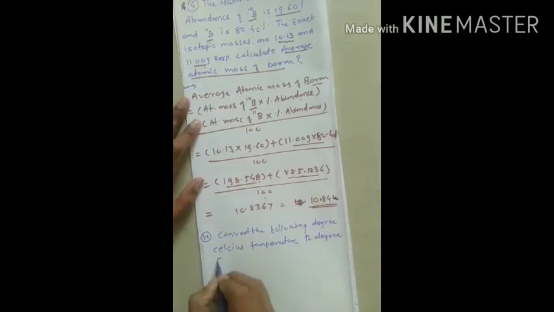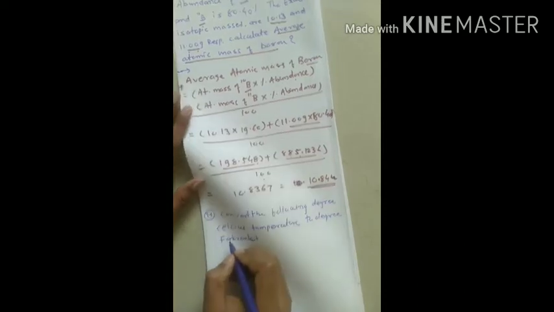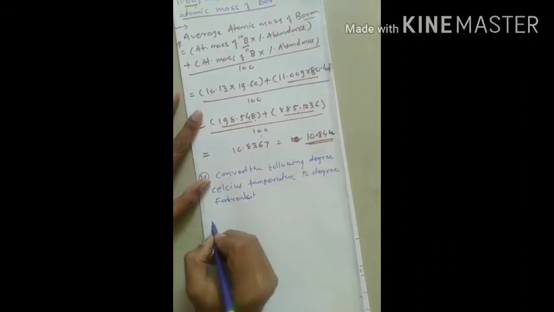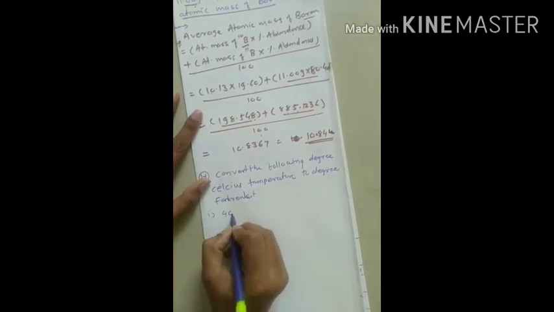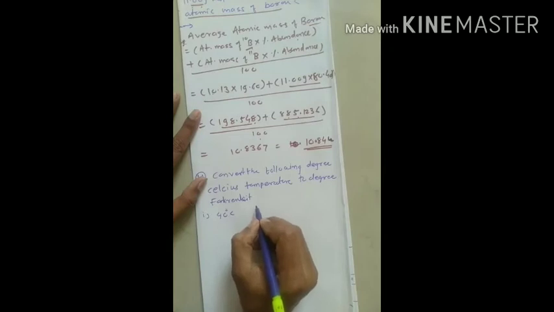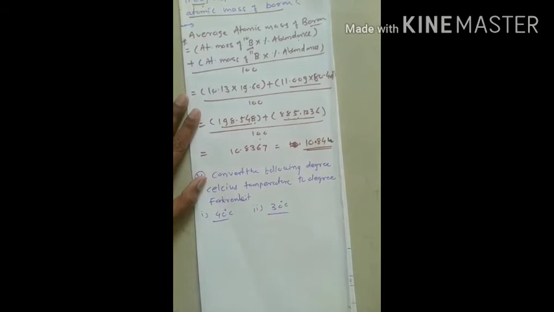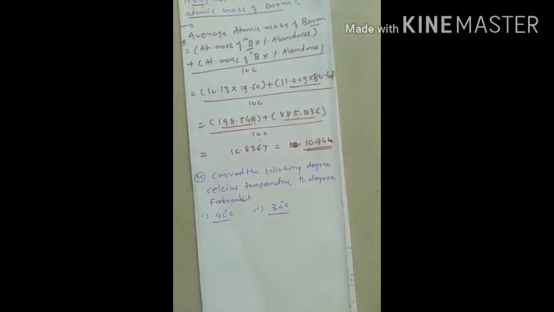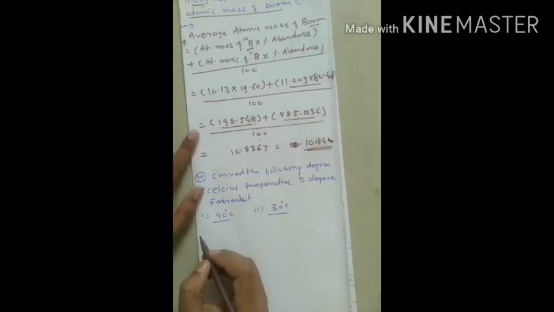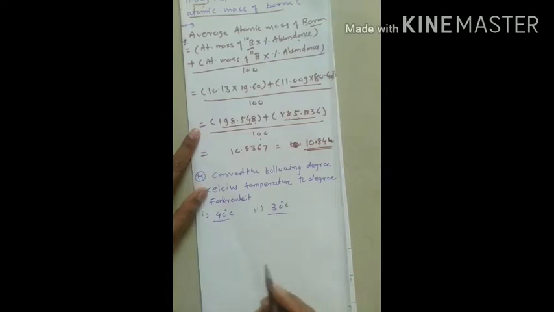Two sub-questions are given. First, 40 degree centigrade we have to convert into Fahrenheit, and second, 30 degree centigrade we have to convert into Fahrenheit. I think we have solved such problems already in the MCQ category, for which we must know the simple formula for conversion of degree Celsius into degree Fahrenheit. So first we will solve for this.